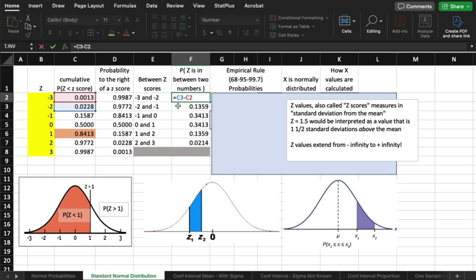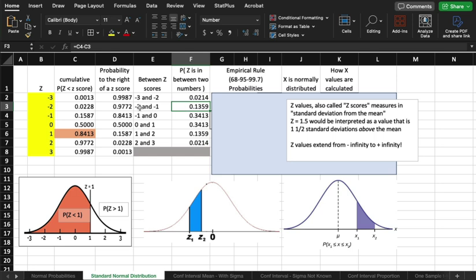So equals C3 minus C2, going into cell F2. That's the probability of an outcome between -3 and -2 standard deviations, which is a little over 2%, 2.14% of the time. So it's a bit on the rare side. It's not going to happen very often.